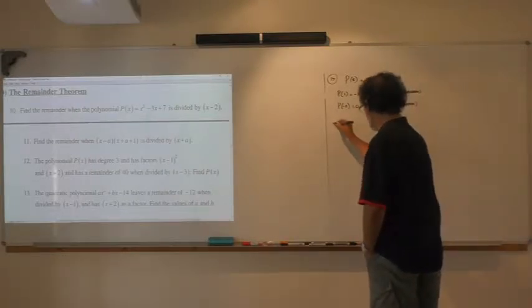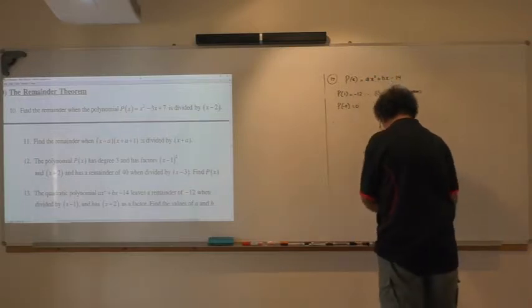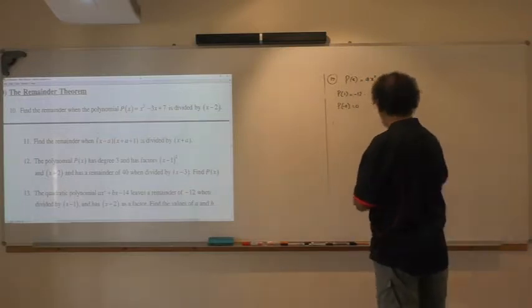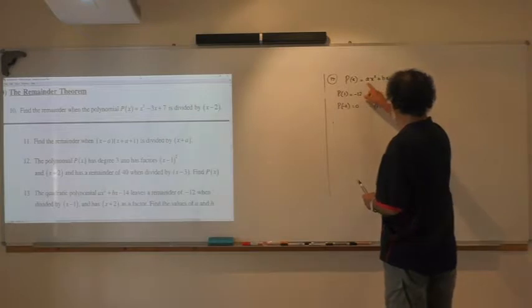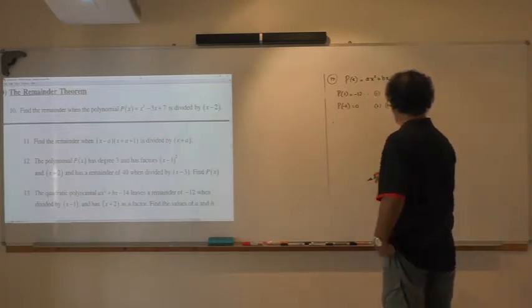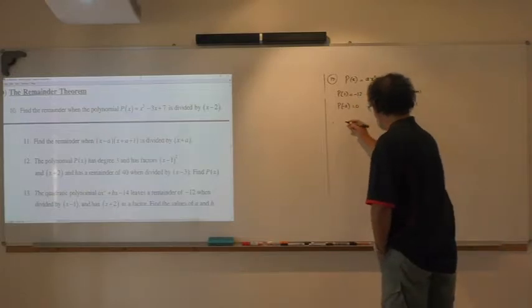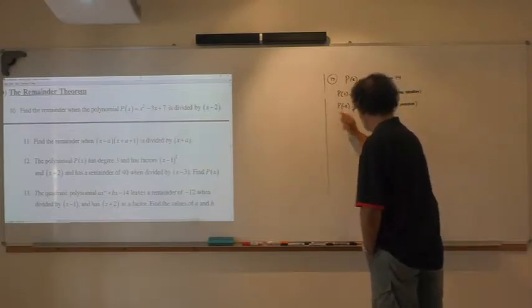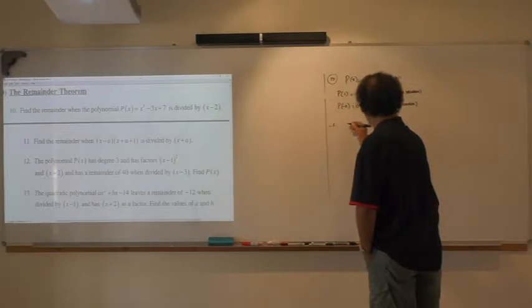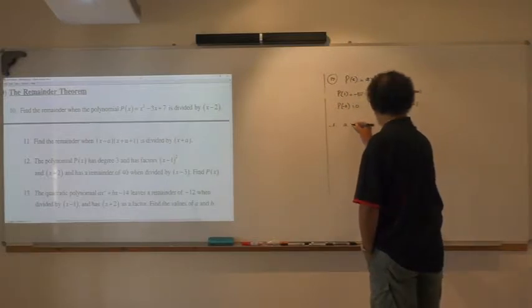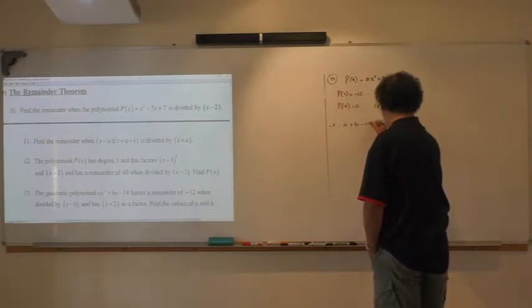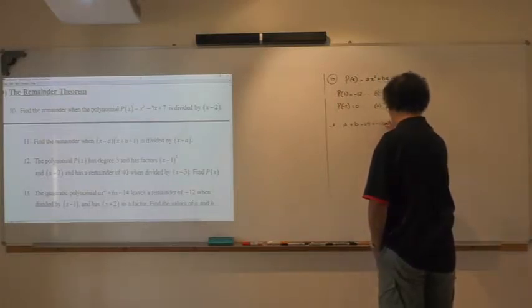So we're going to say that a times 1 squared plus b times 1 minus 14 is equal to negative 12. So we're going to say a plus b minus 14 is equal to negative 12.